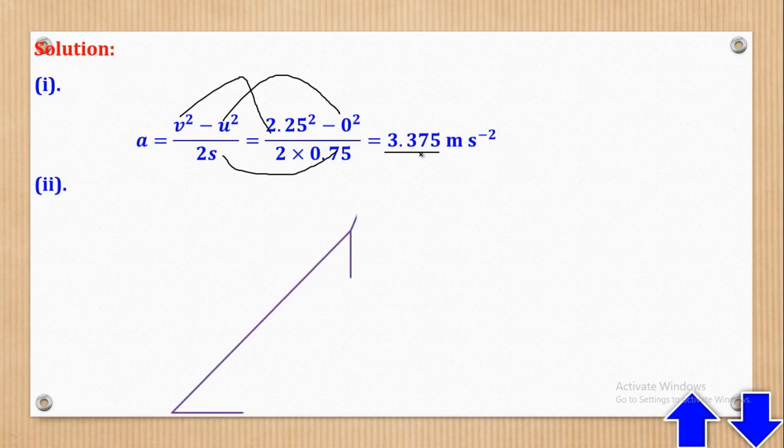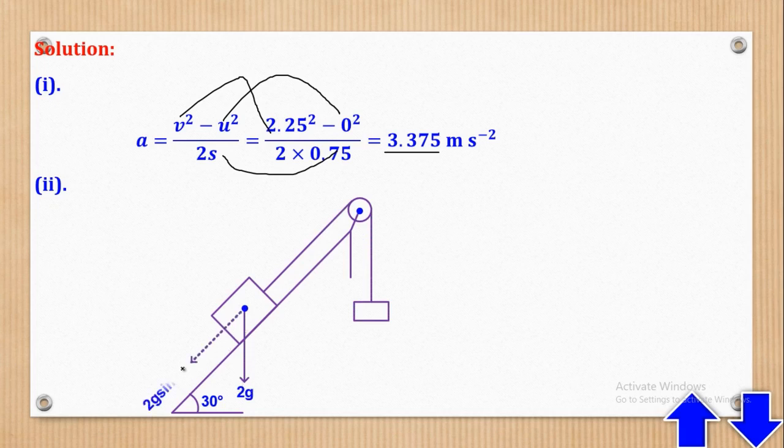So that was Roman 1. Now Roman 2, we need a sketch. So next is to show the forces acting. We shall begin with the weight, which is 2g acting vertically downwards. So the component of its weight parallel to the plane will be 2g sine 30, and perpendicular to the plane will be 2g cos 30.